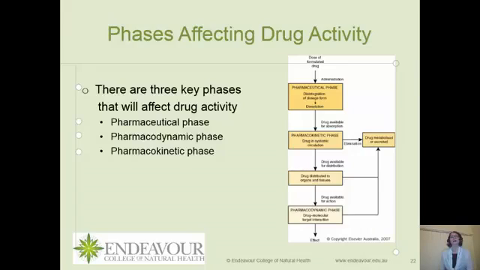And so there is a key phase that occurs just before the pharmacodynamic and pharmacokinetic phases and determines some of the parameters of both of those phases, and this phase is called the pharmaceutical phase.